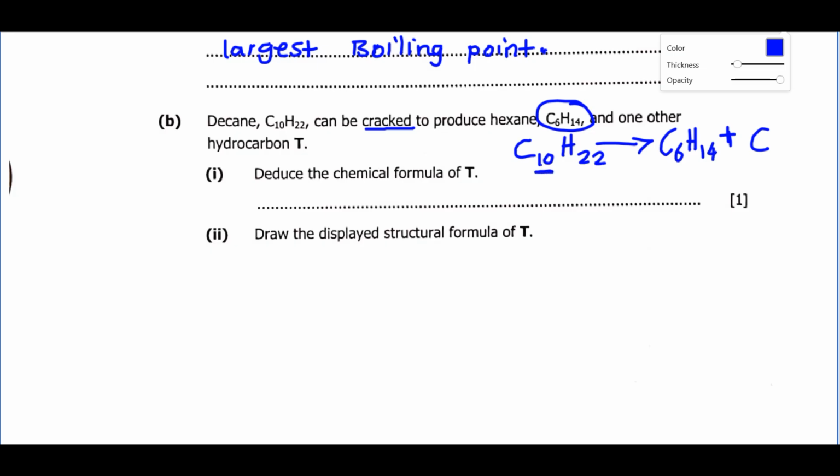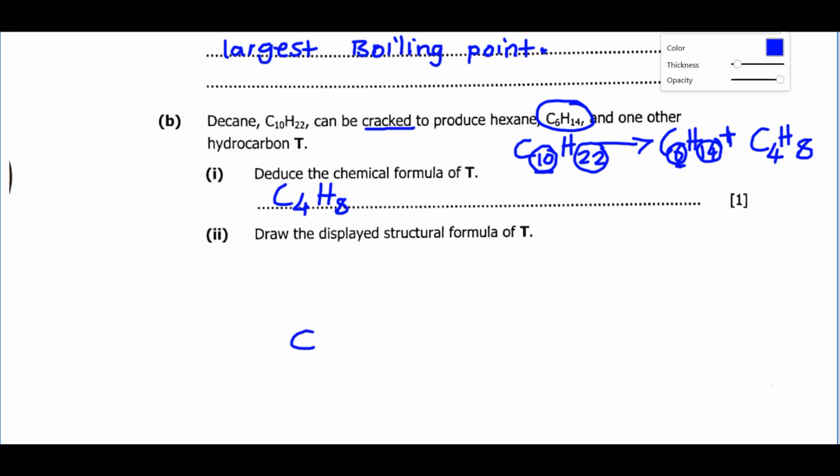So we have 10, here we have 6. So how many are remaining to make it 10 is 4. Or to simplify things, you just say 10 minus 6, then here we are going to have 4. So we are going to do the same for hydrogen: here we have 22 minus 14, so here we are going to have 8. Therefore, the chemical formula for T is C4H8.